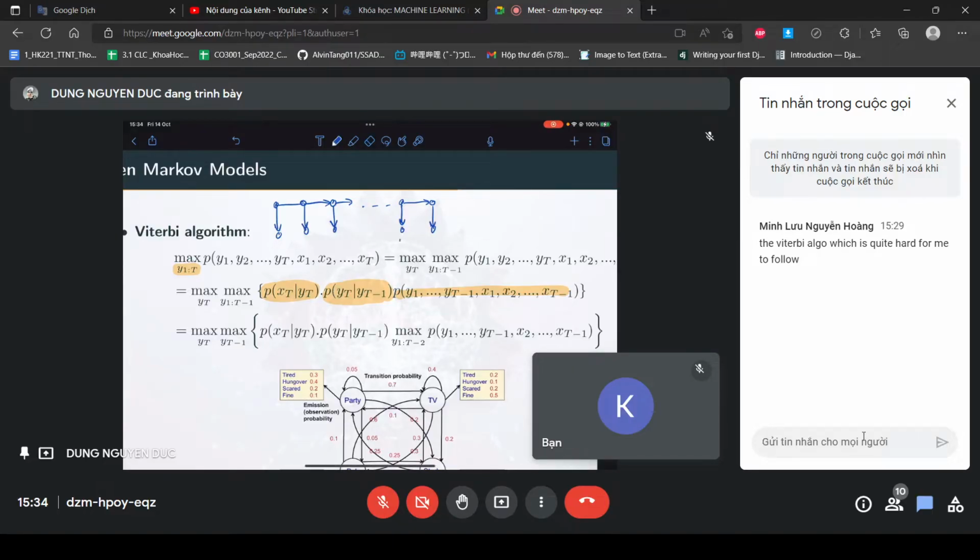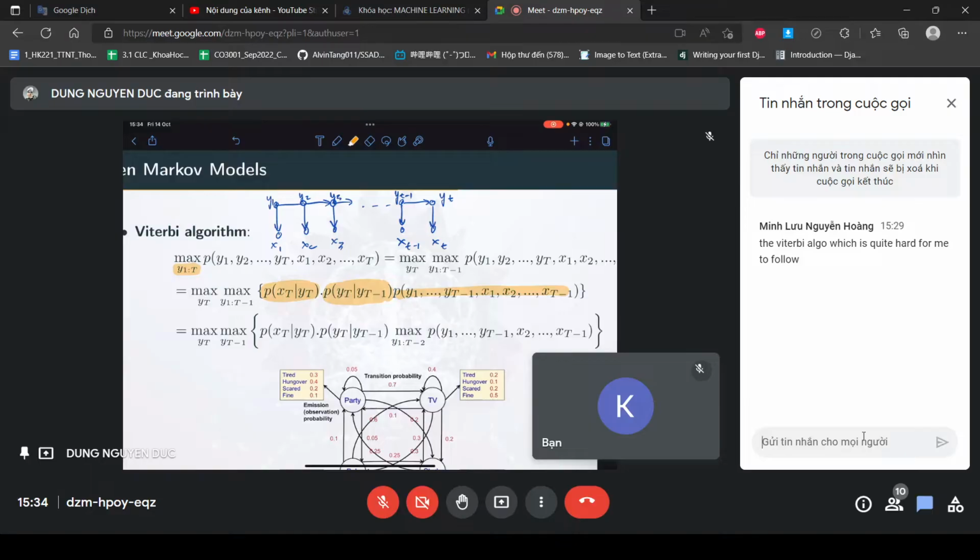This one is x(t-1), right? This one is xt. This one is yt. This one is y(t-1), and so on, right? This is x1, this is y1, y2, x2, and x3, y3.